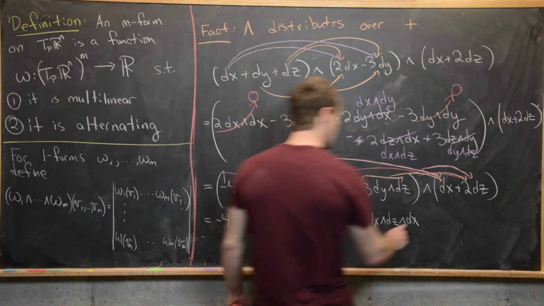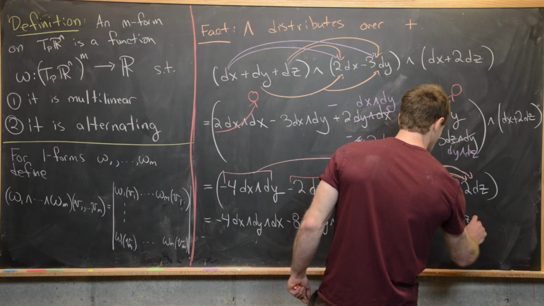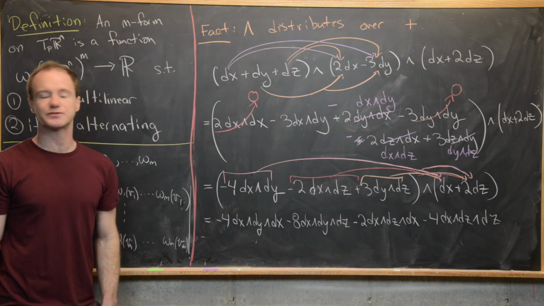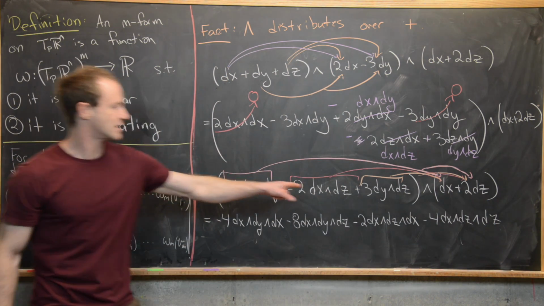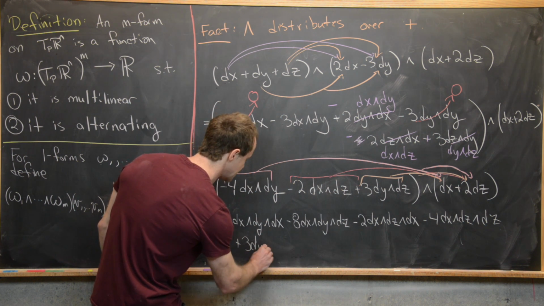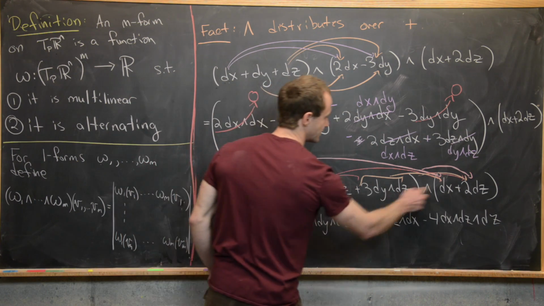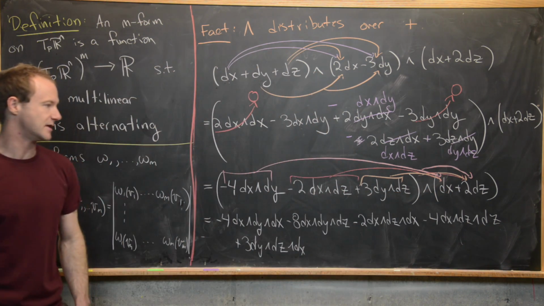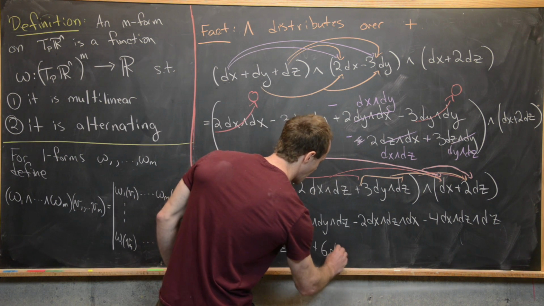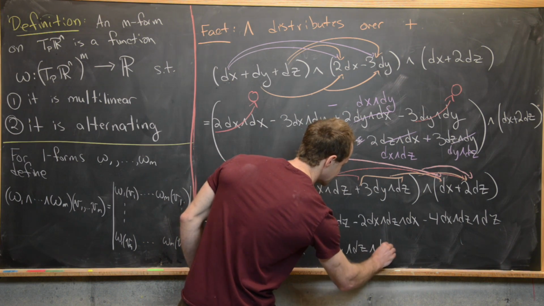And then minus 4 dx wedge dz wedge dz. So that's what we get from the second term in each part. And then moving on to this third term, we'll have plus 3 dy wedge dz wedge dx. So that's what we get from hitting the first term in the second bit. And then plus 6 dy wedge dz wedge dz.